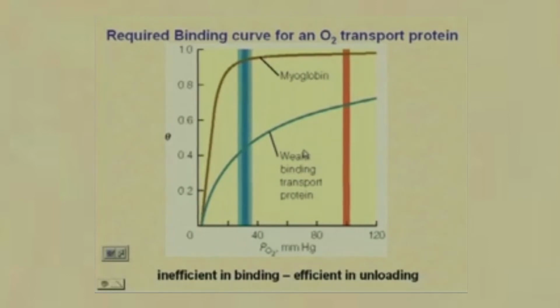In the previous case, we had a strong binding transport protein. But none of this is helping me. Why? Because in the lungs, I have to have strong binding, and in the tissues, I have to have it released. Okay? So I sort of have to have a combination of methods, where it will be efficient in binding and also efficient in the unloading. Right?